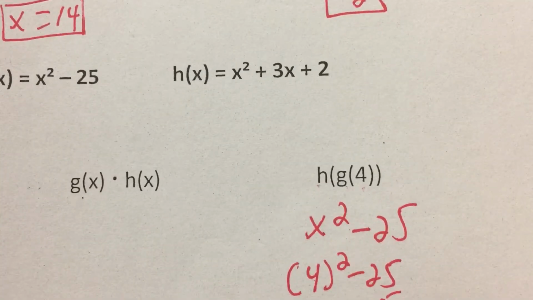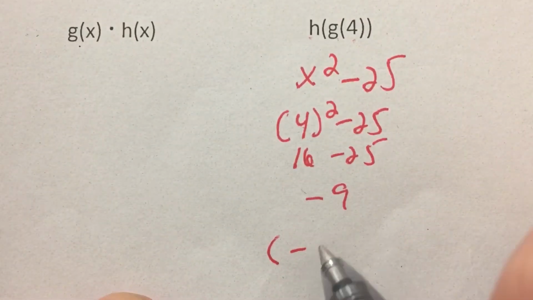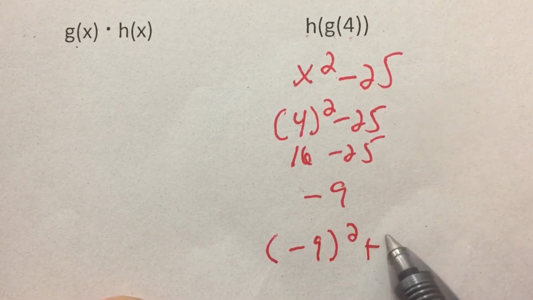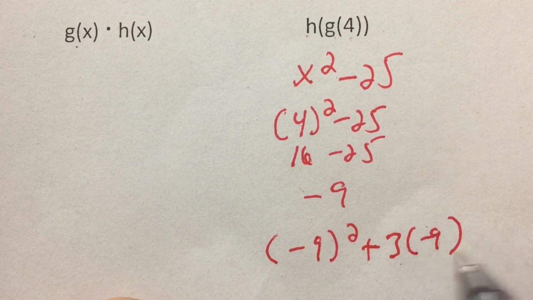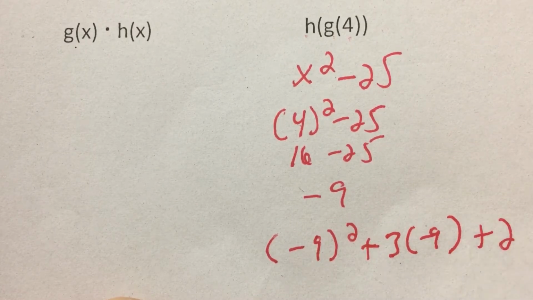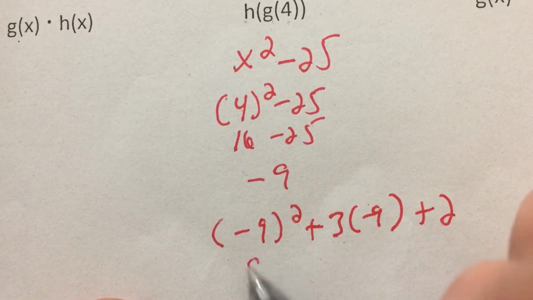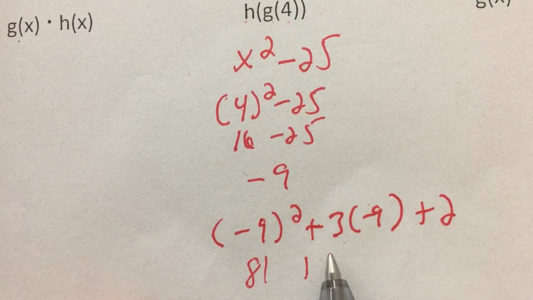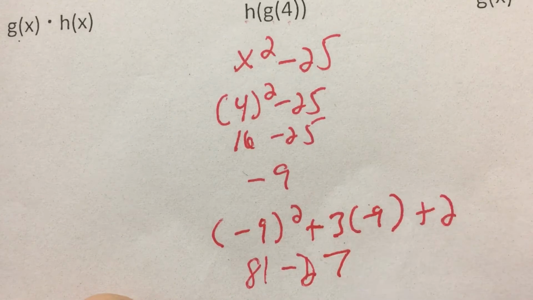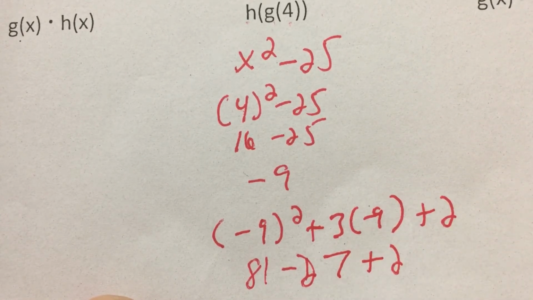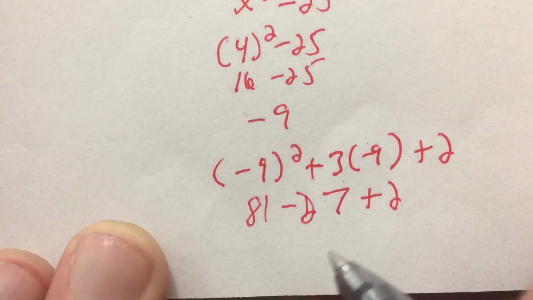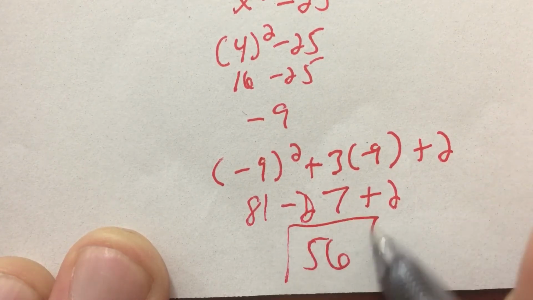So I would end up with negative 9 squared plus 3 times negative 9 plus 2. Negative 9 squared is 81. Positive 3 times negative 9 is a negative 27, and then plus 2. And 81 minus 27 plus 2 all turns out to be 56.